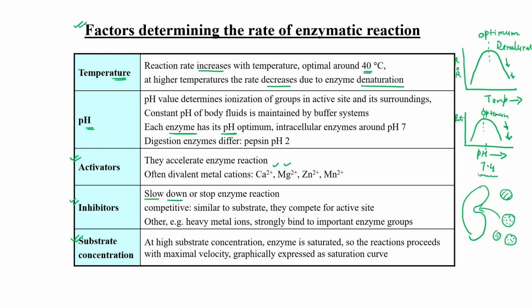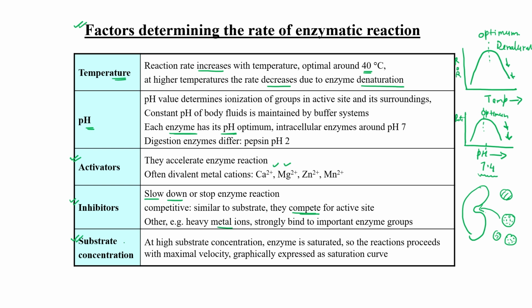Inhibitors come and bind to this particular active site, so they actually inhibit the reaction by binding instead of substrate. They compete for the active site with substrate, like certain heavy metal ions, which strongly bind to important enzymes.